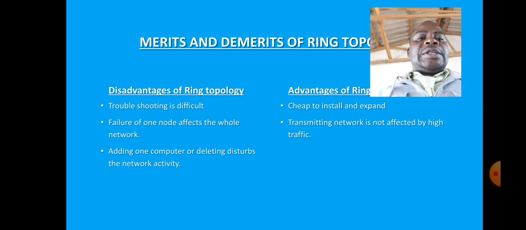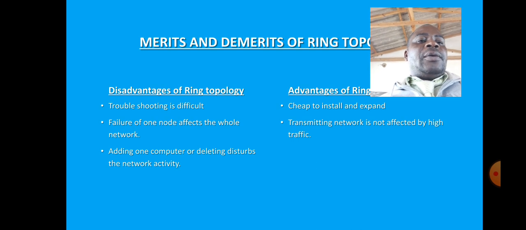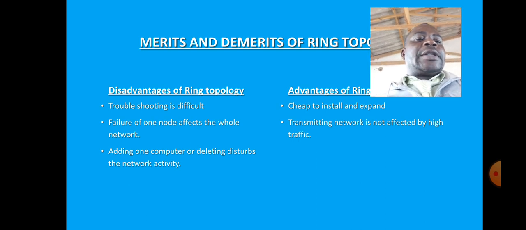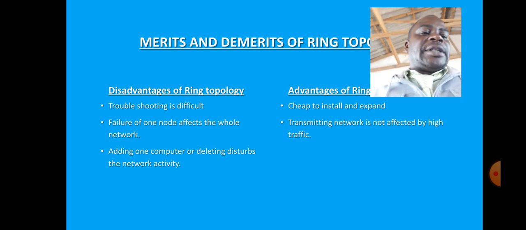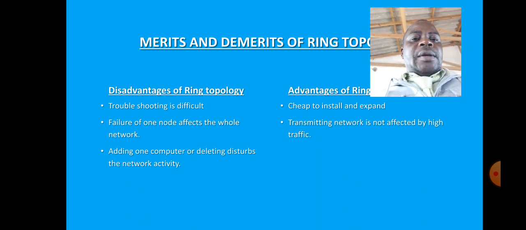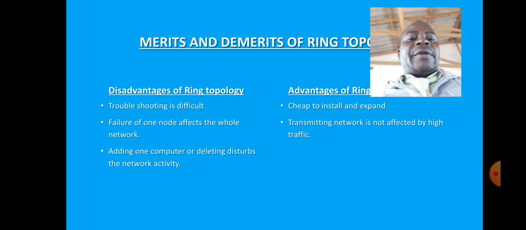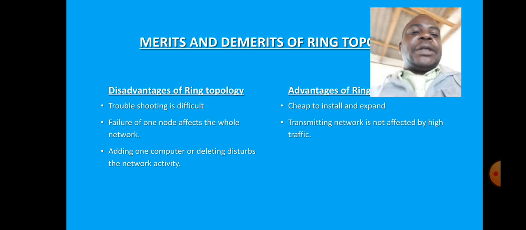Ring topology has its own merits. For example, it is cheap to install and expand. Also, the transmitting network is not affected by heavy traffic. Then the disadvantages of ring topology: in this type of network, troubleshooting is difficult.